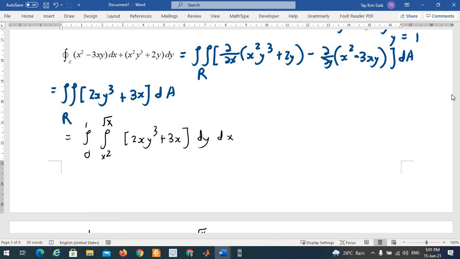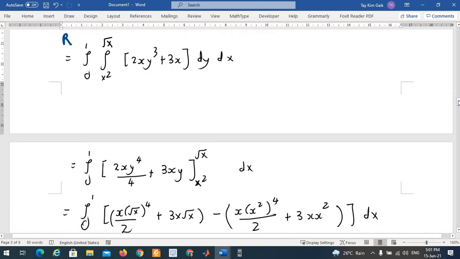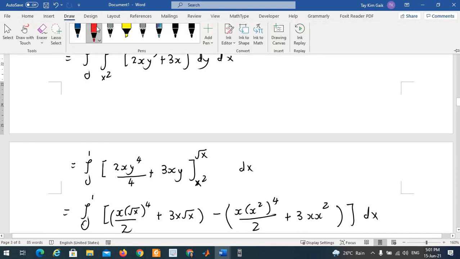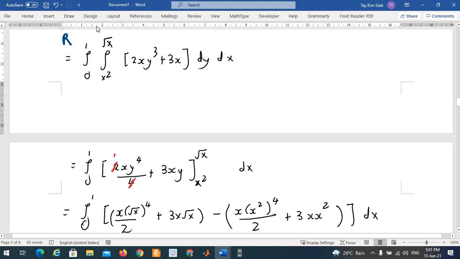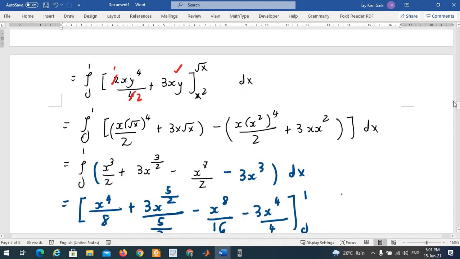It's equal to 2x, to integrate with respect to y, you get xy to the power 4 divided by 2 plus 3xy. This is correct. Okay, plug in the upper limit.